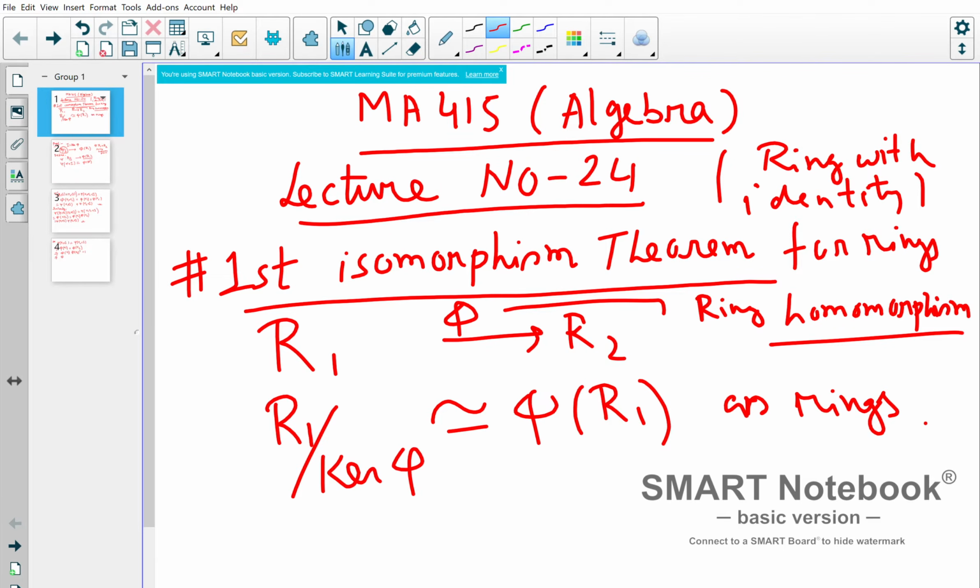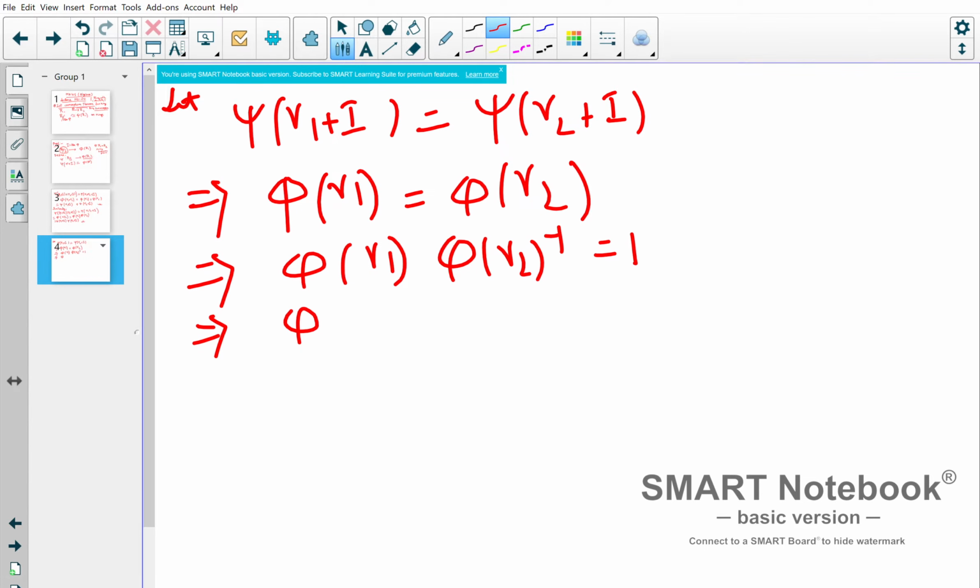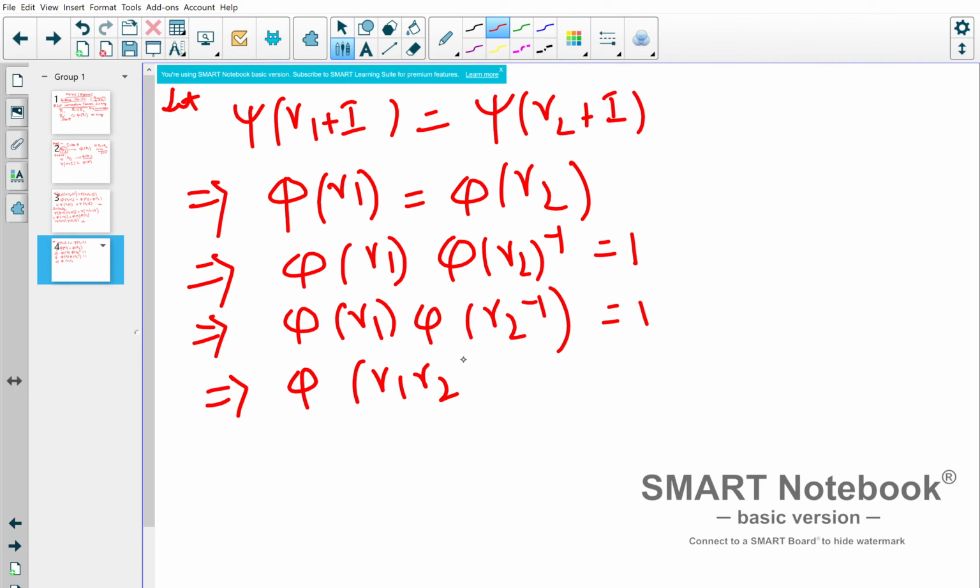And then this is nothing but phi of R1 into phi of R2 inverse, which is equal to identity, and that implies that again the homomorphism property tells you that this is R1 R2 inverse equal to identity, right?